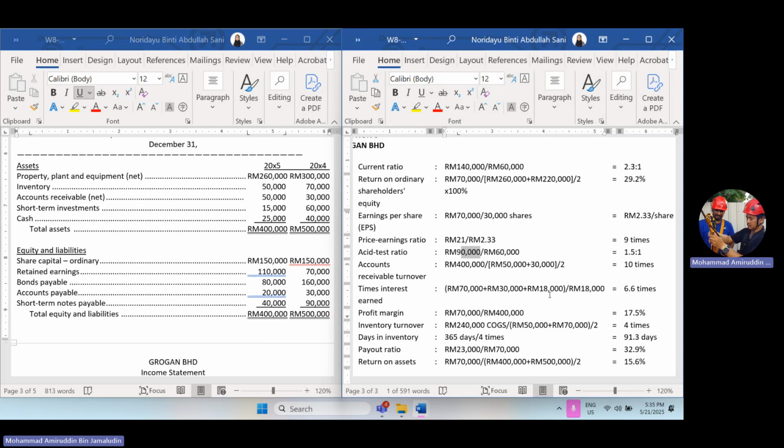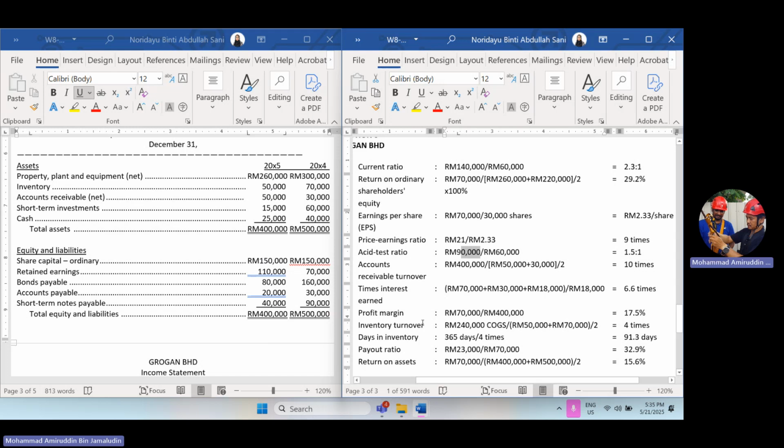I think cake would have bacteria already, contaminated. Some products can't last long. So we remove this inventory because we can't promise we produce today, tomorrow we sell, or we produce now, next hour we sell. We can't promise that. That's why for quick ratio, we exclude inventory.